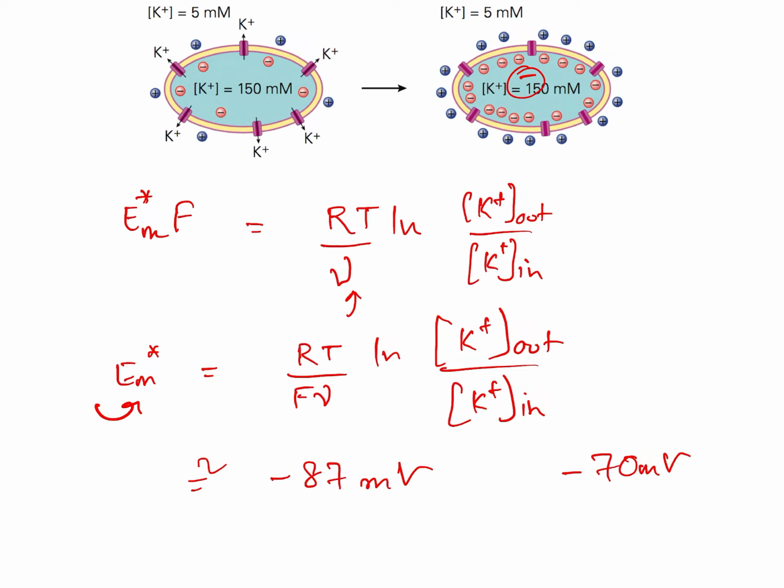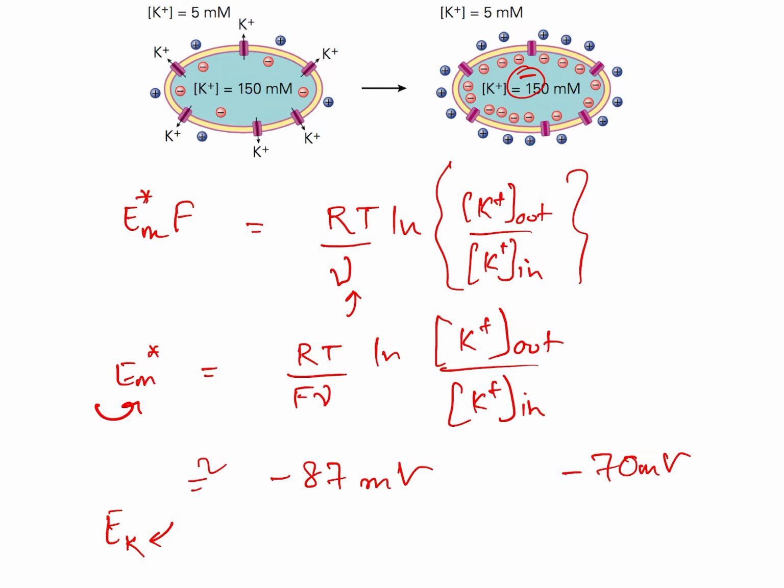This resting membrane potential is also equal to what is called the equilibrium potential of potassium, also called in some cases the Nernst potential of the potassium ion, because we are in this case looking only at potassium ion concentration gradients. Okay, so now we have established that at equilibrium there is a resting membrane potential across cells, and this makes the inside of the cells negative with respect to the outside.